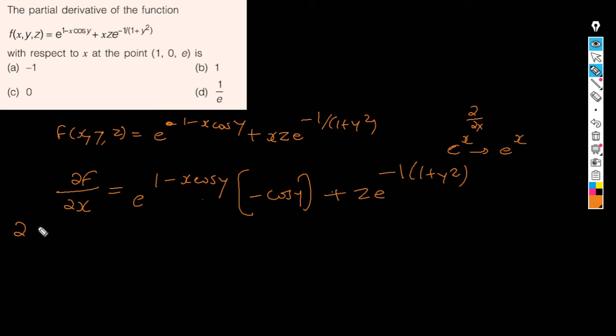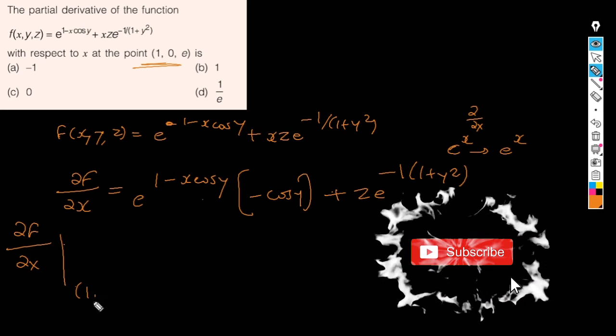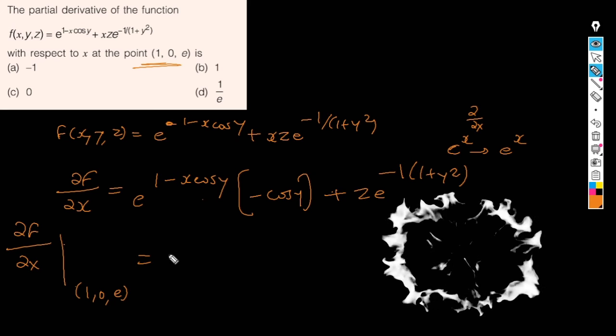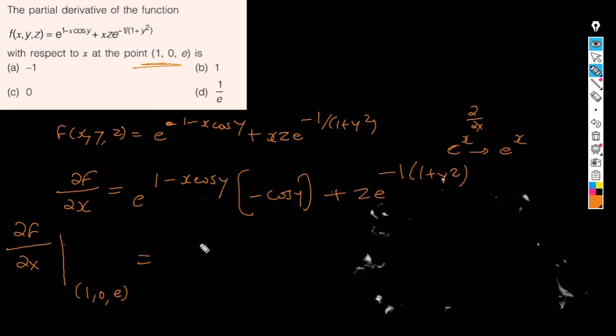Now we want to find the value of this function at this point 1, 0, e. So we put x is equal to 1, y is equal to 0, and z is equal to e.